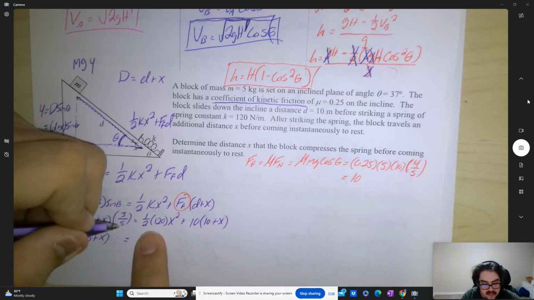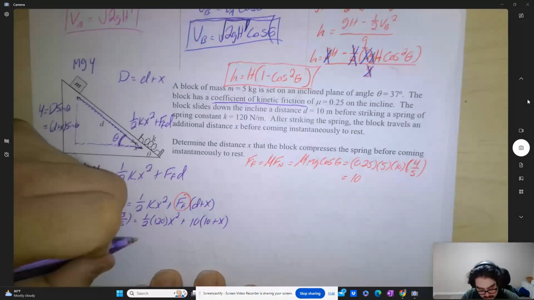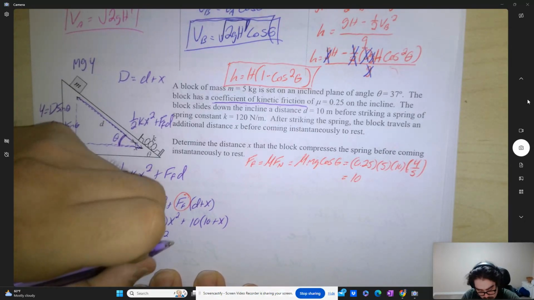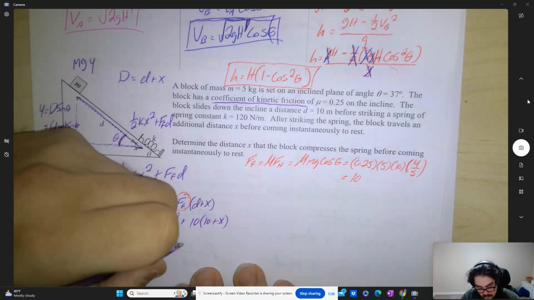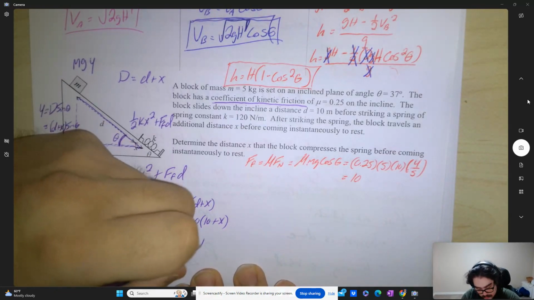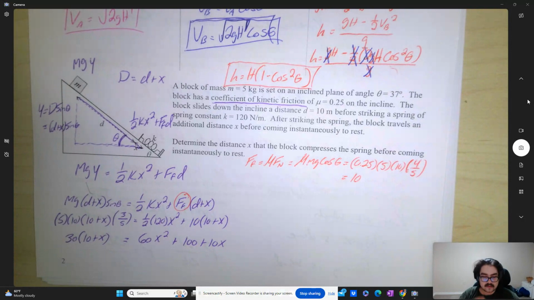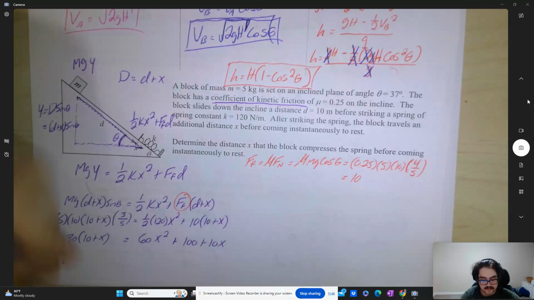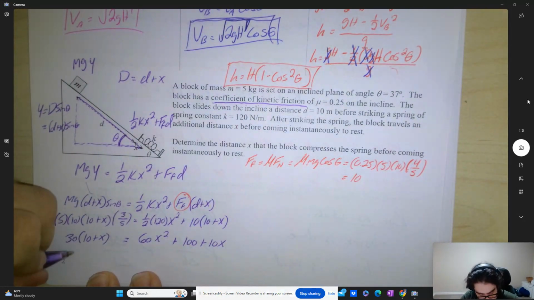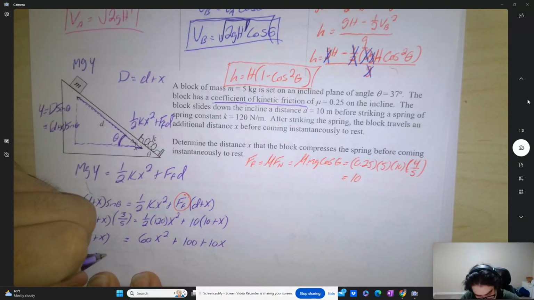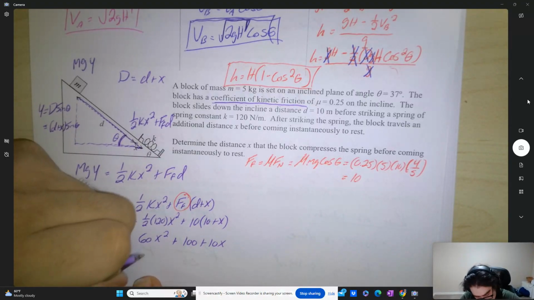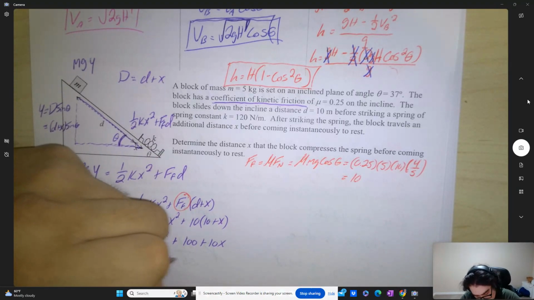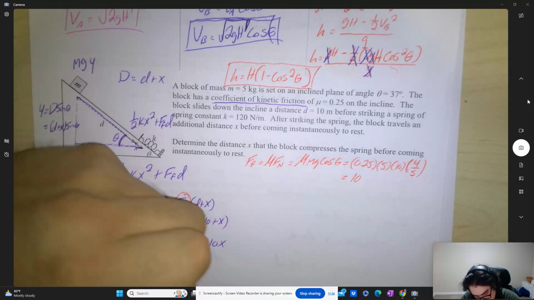On the right-hand side, 1/2 of 120 is 60, so 60x squared plus 100 plus 10x. The left-hand side is 30 times 10, which is 300, plus 30x, equals 60x squared plus 100 plus 10x.